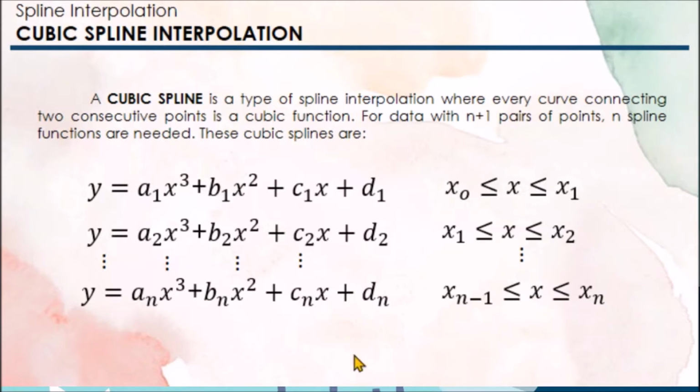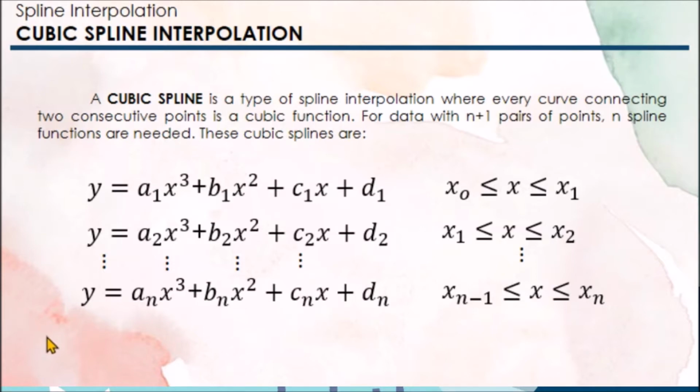These cubic splines are, so we have y is equal to a sub 1 x cubed plus b sub 1 x squared plus c sub 1 x plus d sub 1, wherein our x here must be greater than x sub 0 but less than x sub 1, and then we have y is equal to a sub 2 x cubed plus b sub 2 x squared plus c sub 2 x plus d sub 2, wherein our x here must be greater than x sub 1 but less than x sub 2.